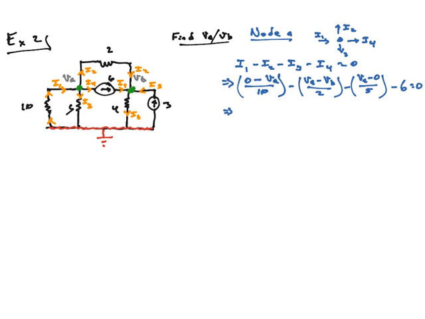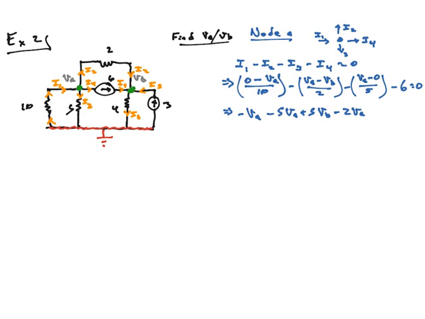The first term, 10 divided by 10 becomes 1, so I have 0 minus VA. The second term, 10 divided by 2 gives me 5, so I have minus 5VA plus 5VB. The third term, 10 divided by 5 gives me 2, so I have minus 2VA and then 0.